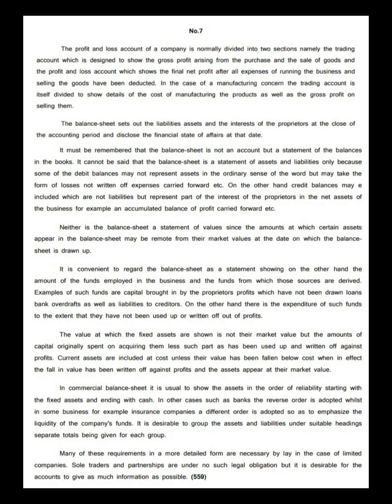In the case of a manufacturing concern, the trading account is itself divided to show details of the cost of manufacturing the products as well as the gross profit on selling them.